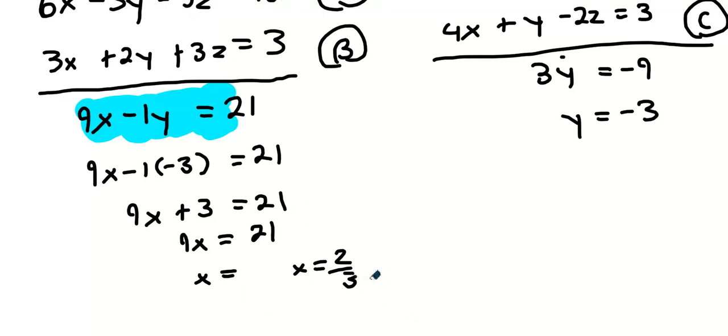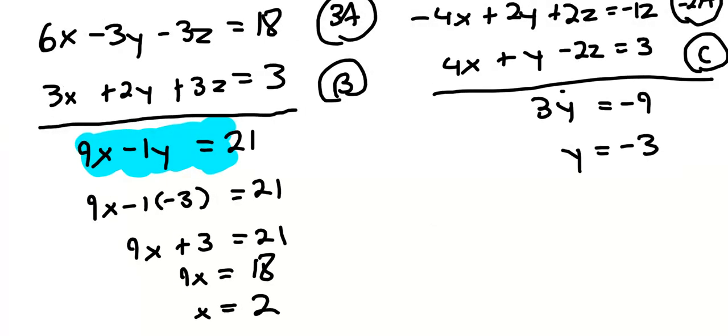And then that would be 7 over 3. Oh, yes, yes, yes. On a roll. 21 take away 3 is 18. 18 divided by 9, 2. Nicer numbers, aren't they? 2 and minus 3.